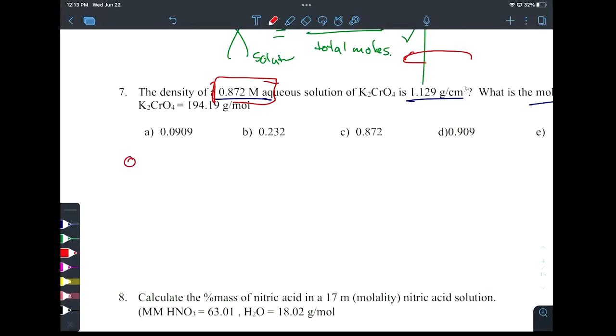Molarity means 0.872 moles of potassium chromate equals 1 liter of solution. I'm going to make things easy for myself and just pretend I have 1 liter of solution.